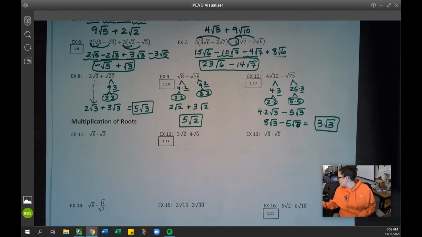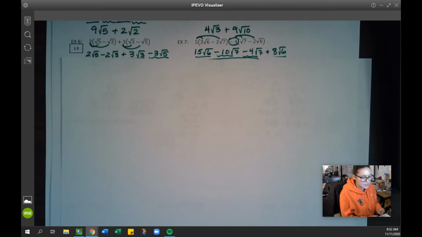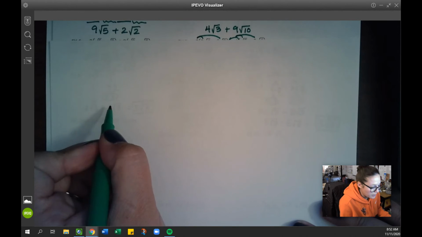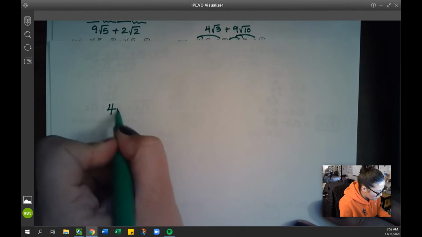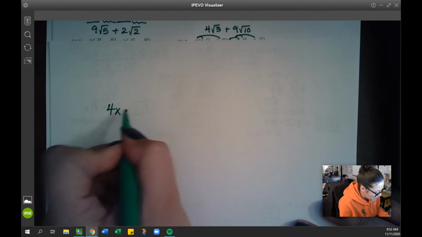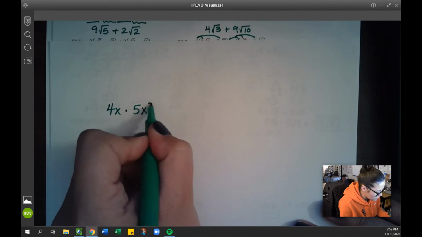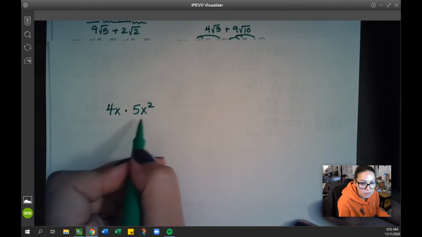So just like, let me find a scrap piece of paper here. I want you to think about this. If I have 4x times 5x squared, I can multiply these together.